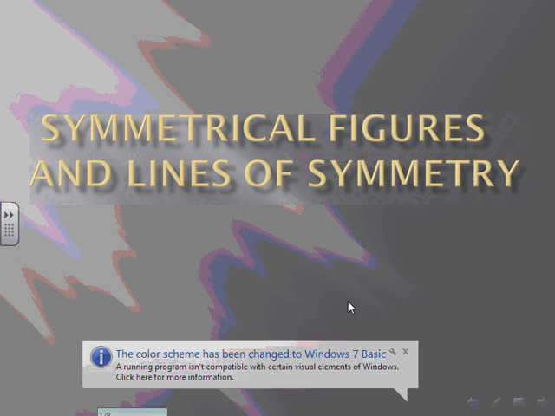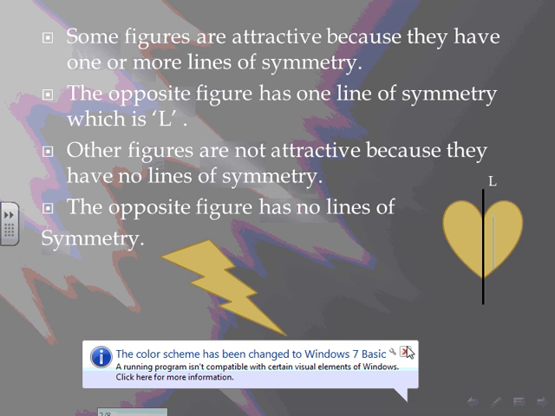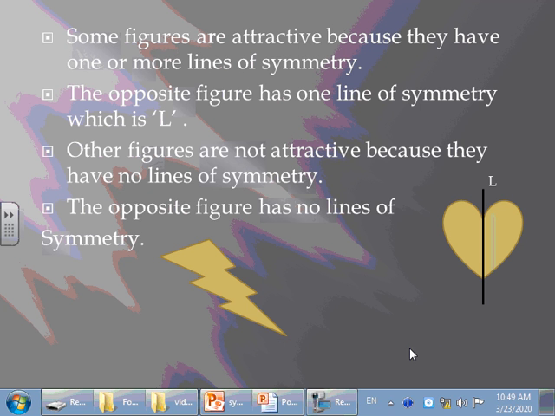Our lesson today is symmetrical figures and lines of symmetry. Some figures are attractive because they have one or more lines of symmetry. The opposite figure has one line of symmetry, which is the line L, this heart.